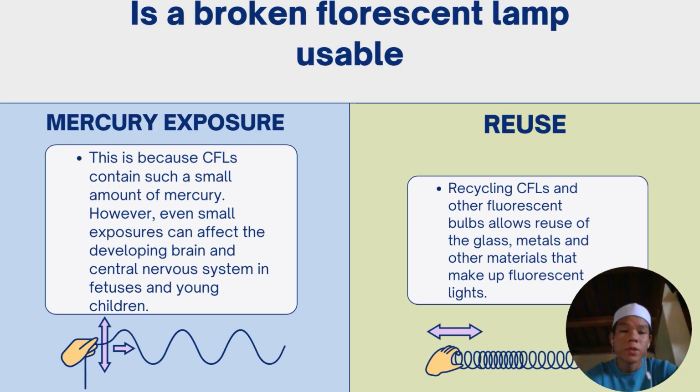Mercury exposure is very dangerous, even though the fluorescent lamp contains such a small amount of mercury. Even a small exposure can affect the developing brain and central nervous system in fetuses and young children. So it is very dangerous for our children and the future.